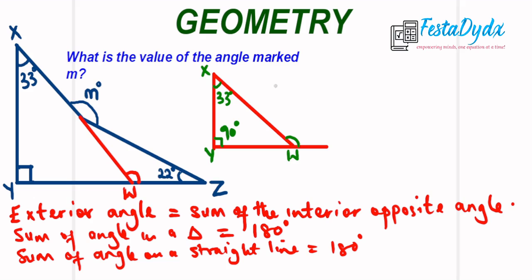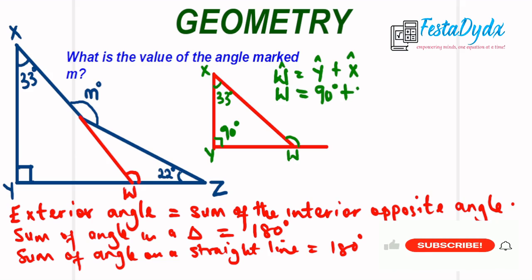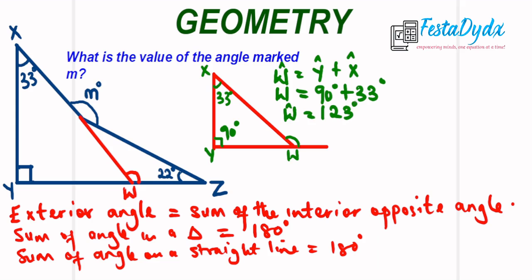So that way, we'll have angle W equal to angle Y plus angle X. Now we're looking for W, which is equal to, for Y we have 90 degrees plus, for X we have 33 degrees. When I add this together, angle W gives us 123 degrees. Now that we've gotten this, we'll put it inside the big triangle, the main triangle we're working with. So now W we have 123 degrees.